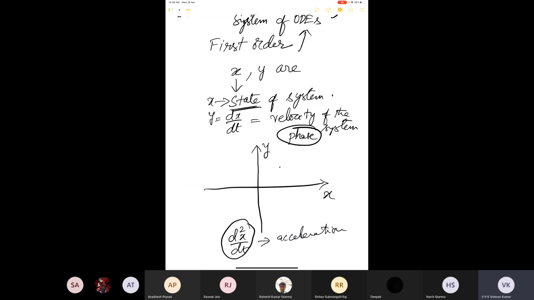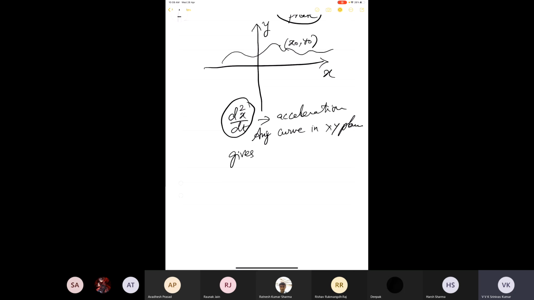Any point in the plane is x naught, y naught, and if we take any curve passing through this x naught y naught, it gives us a curve in the xy plane, which gives us the solution xy of the system.